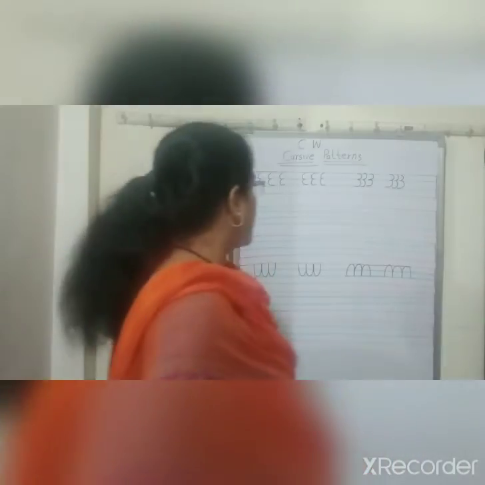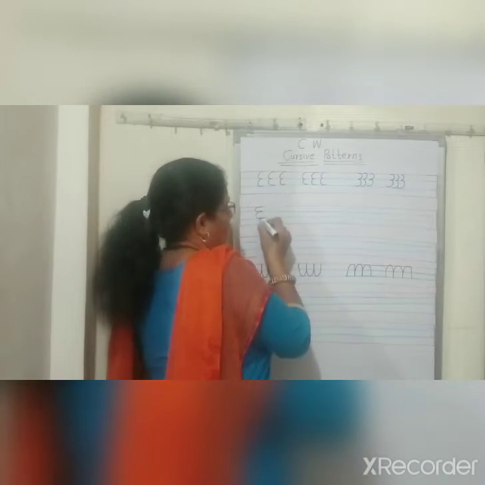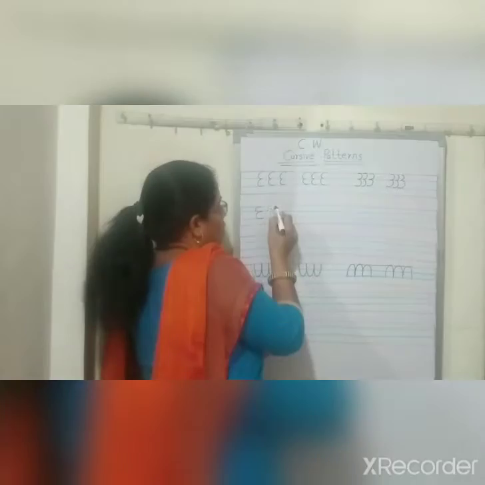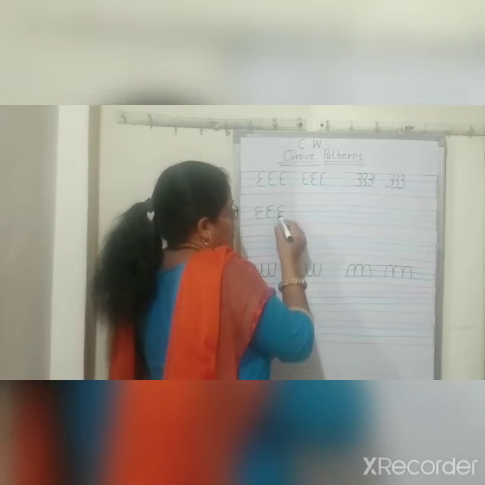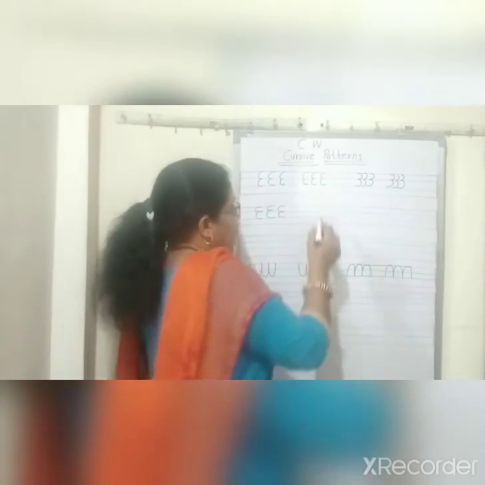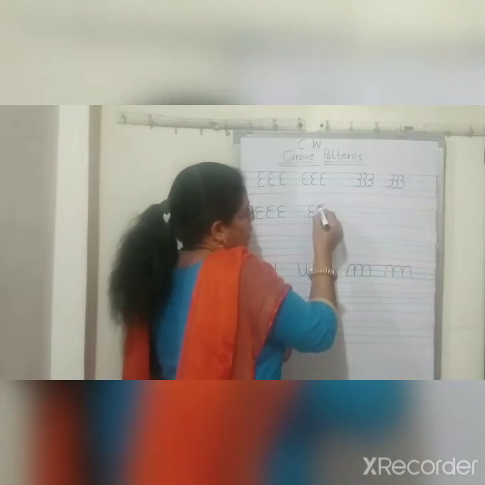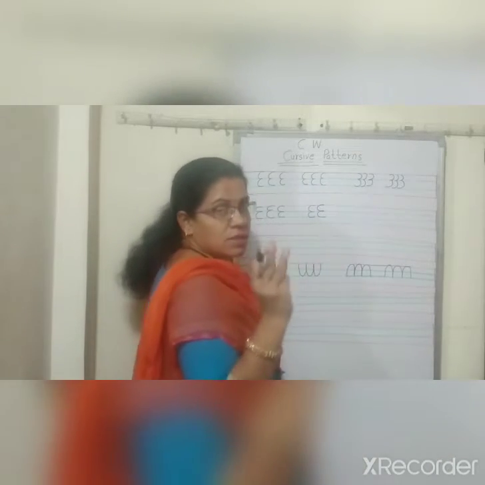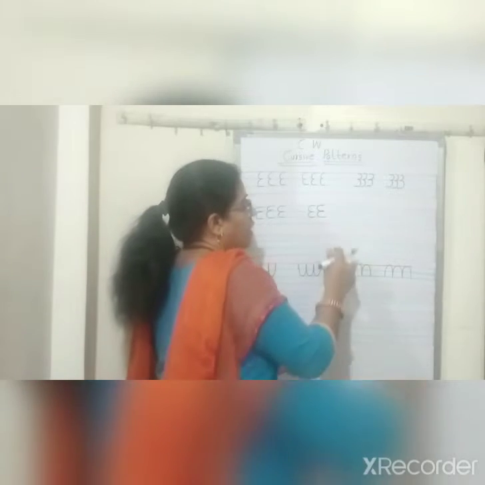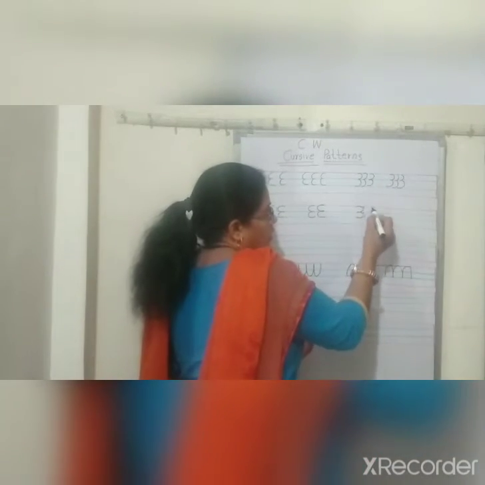This is also a curvy shape, like this. 1 and 2 curve. This is a very easy curve, but we have to write it in these 3 lines. Don't touch this last line, and like we make 3.